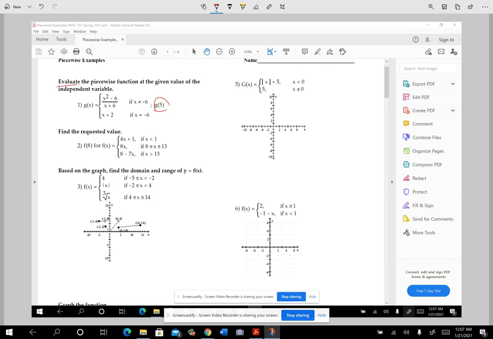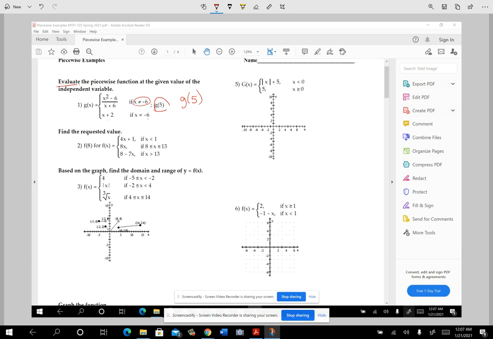Okay, so we're just evaluating the function. So we're asked to find g of 5. So what you do is you have to see, well, which rule applies when we have an input of 5, or an x of 5. So you have this bottom rule you use when x is -6, and then you use the top rule for everything else.